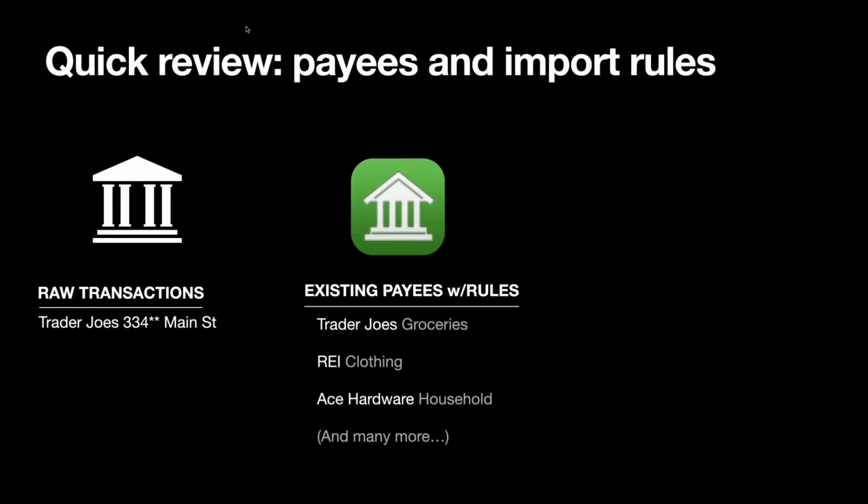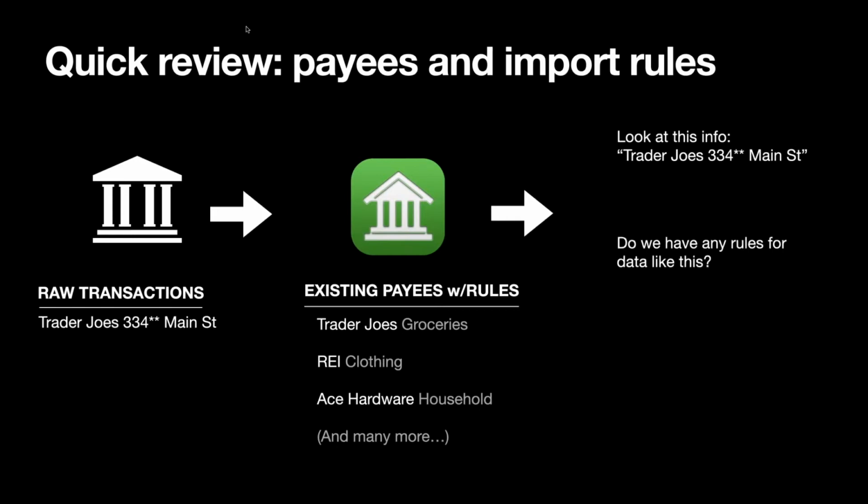But the idea is that there is this listing set of payees, and some of those also have import rules. So what does the app do when this transaction comes into it? Well, it looks at this description and says, hey, do we have any kind of rules that'll work for data like this? In this example, yes, we do.